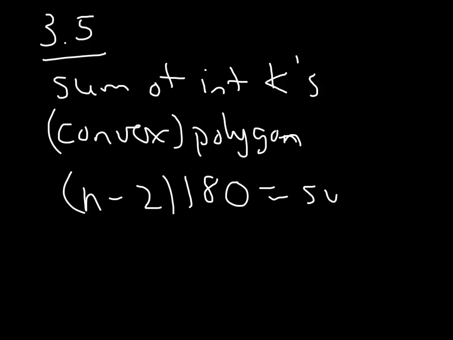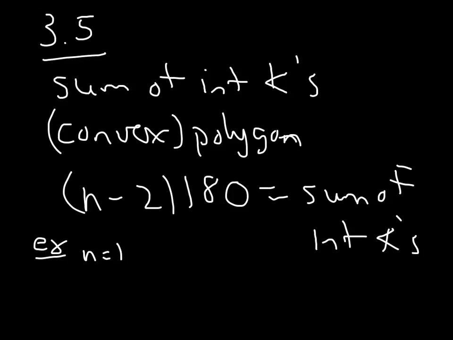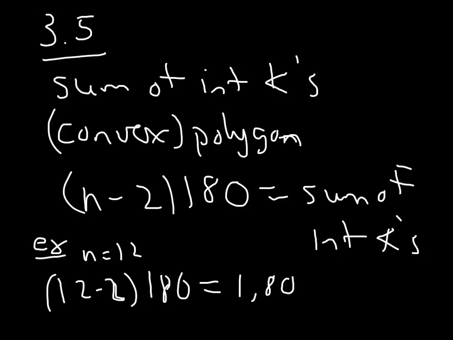That equals the sum of the interior angles. So if you're given n, for example, if n is 12, you want to find the sum of the interior angles, you just stick it into the formula. So n is 12, and 10 times 180 is 1800 degrees would be the sum of the interior angles.